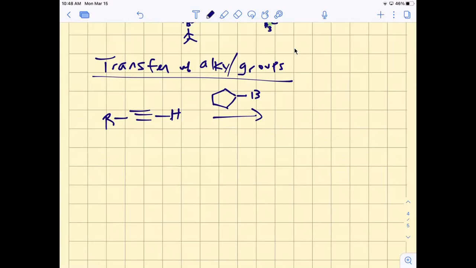So this is H, this is B, and then I have my groups attached to boron, plus the thexyl group, which doesn't transfer, by the way.